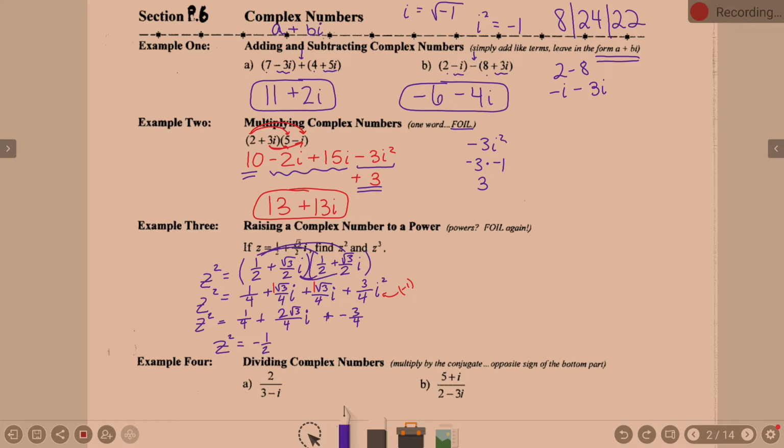And then 2 radical 3 over 4 i. There's nothing else to add it with. I didn't reduce 2 fourths last time. I'm going to now. 2 fourths reduces to 1/2. The 1 on top in front of the radical, I don't have to put there. The 4 on the bottom becomes a 2. So I can say plus radical 3 over 2 times i.